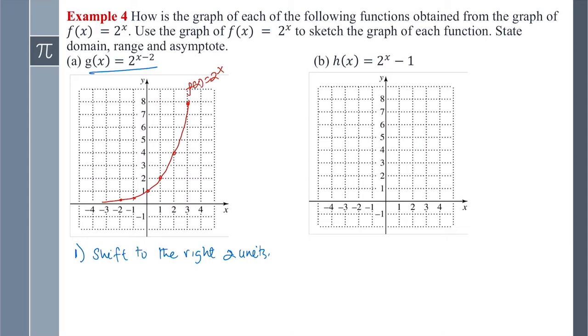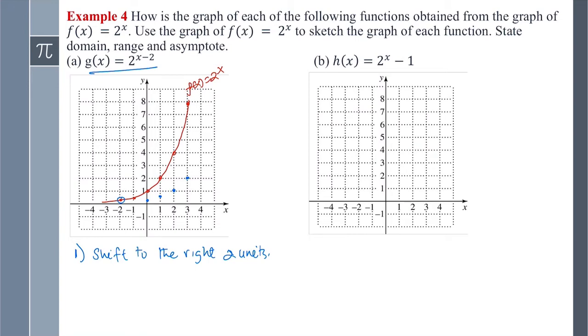So I can take every point on this red graph and I can just move that graph 2 units to the right. So if I pick this point right here, I can move that 2 units to the right, okay? And then if I pick the other point, I can do the same thing. I can move that point 2 units to the right. If I pick this y-intercept, I move that 2 units to the right. And then I move this point 2 units to the right.